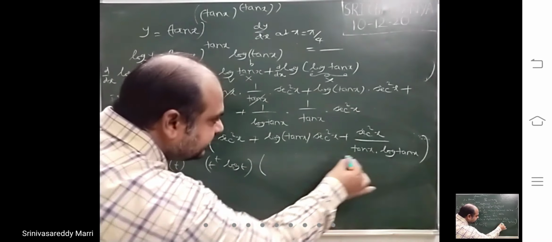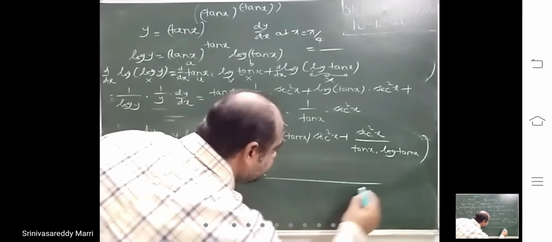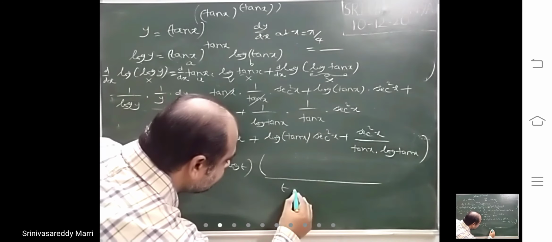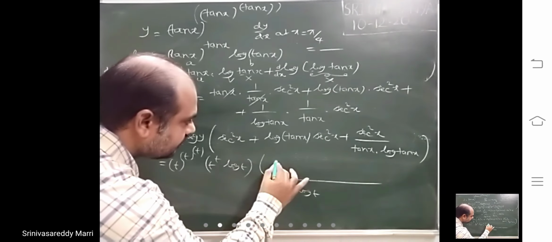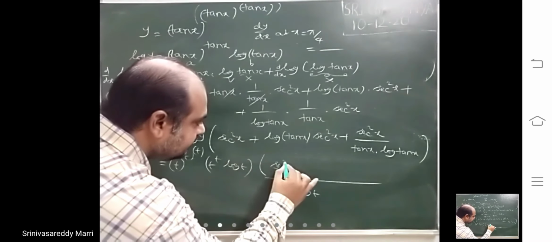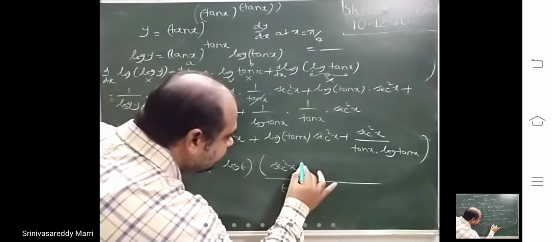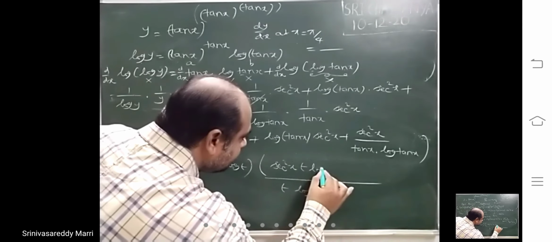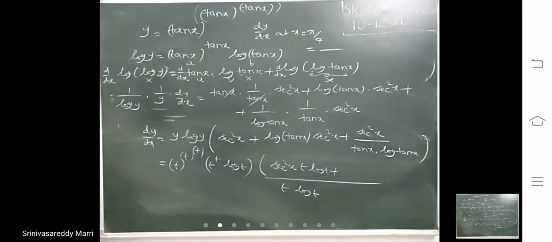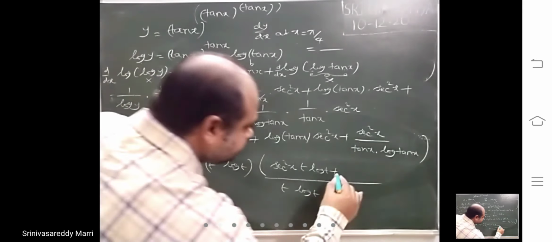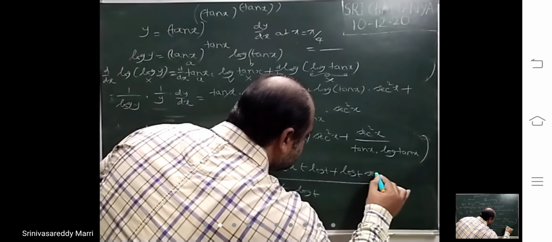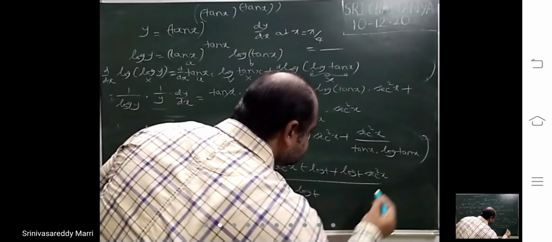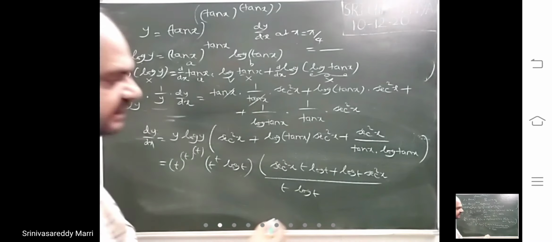Now I am taking the LCM, this one divided by t log t, secant square x into t log t plus log t into secant square x into t log t.